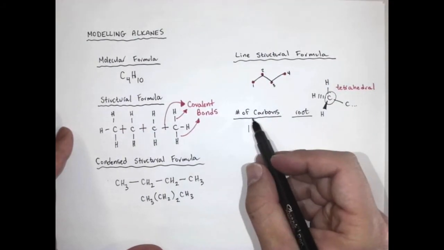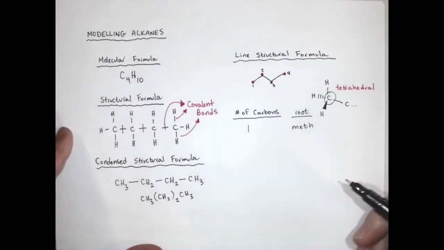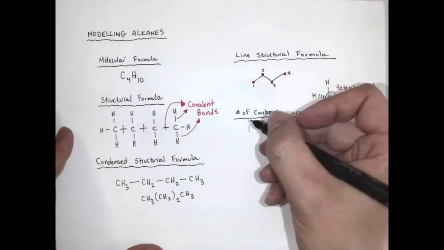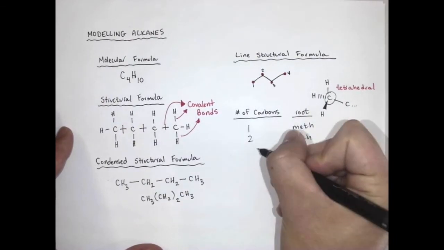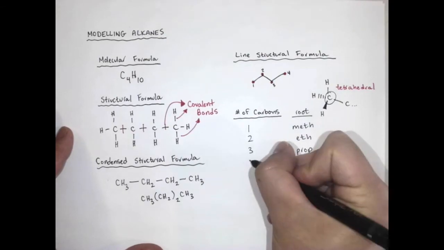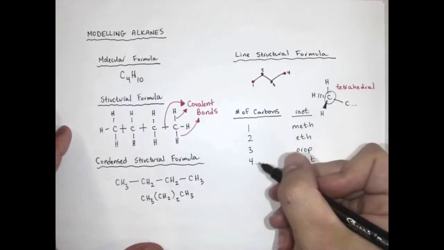If you have 1 carbon in a chain, your root is meth. So if it's just carbon right by itself, the root is meth. If you have 2 carbons, the root is eth. 3 carbons, the root is prop. 4, as I said, the root is but.